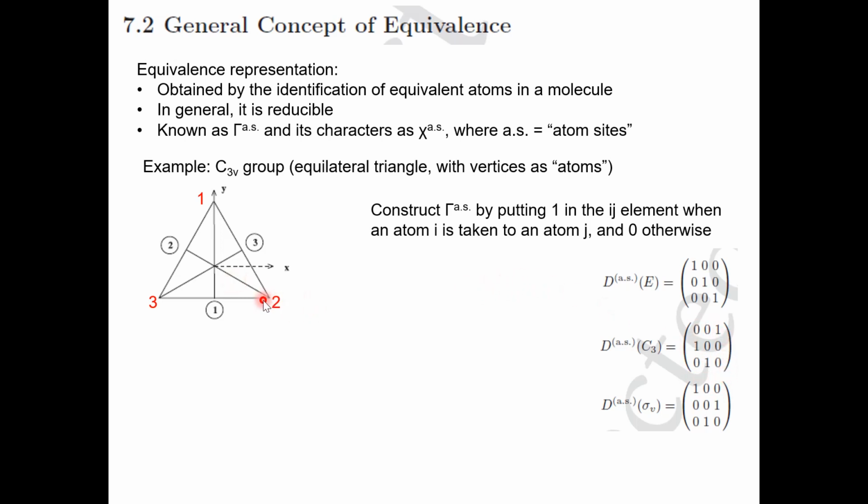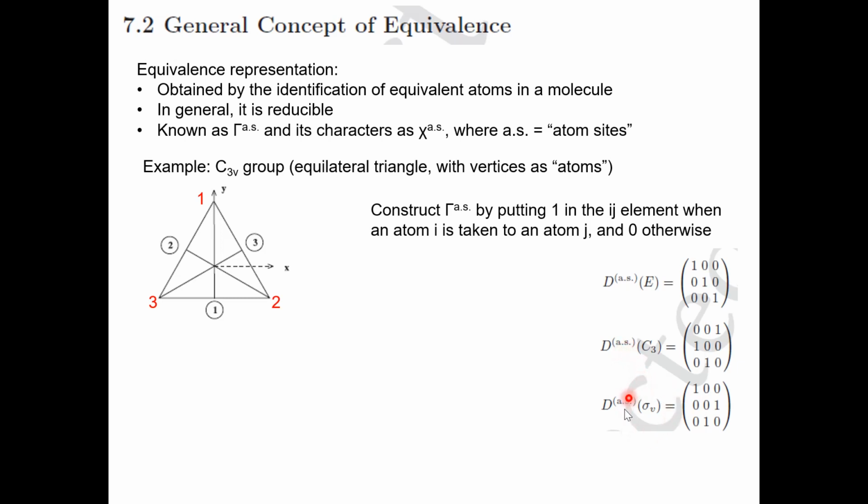So I'm rotating counterclockwise. And this is the matrix I have to construct, and then I add zeros to all other matrix elements. So for this operation, all the atoms are interchanged.